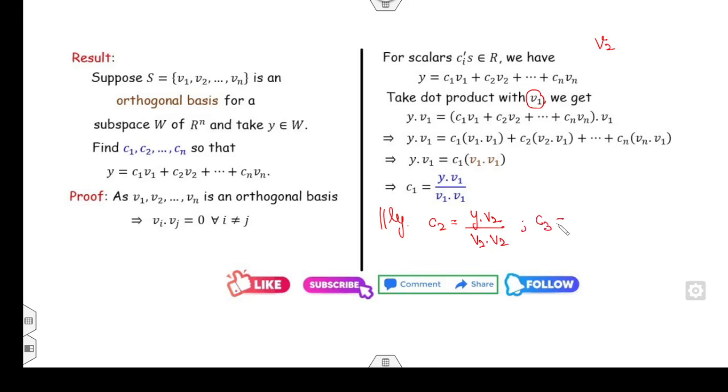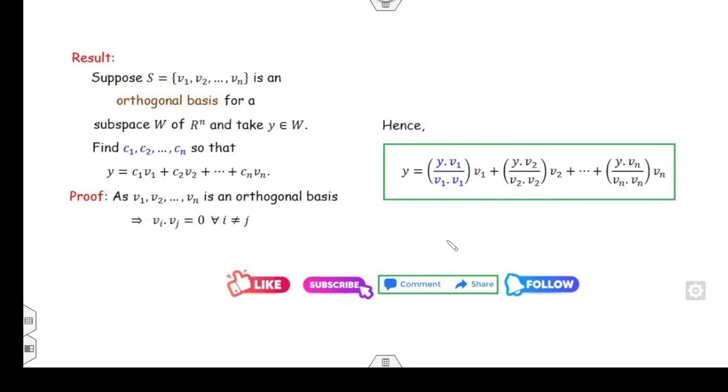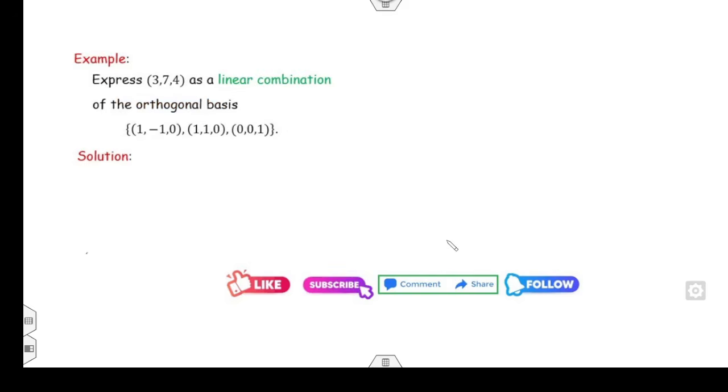Similarly, c3 will be y dot v3 divided by v3 dot v3, and so on. Clear? So remember, if it is orthogonal, then only you can write it as a linear combination, otherwise not. Fine.